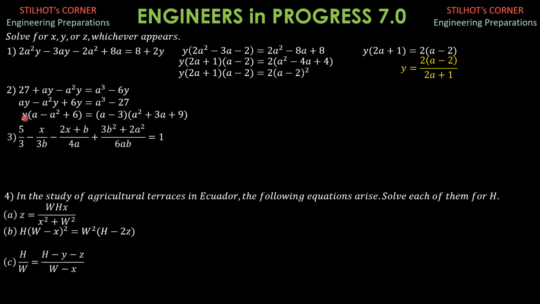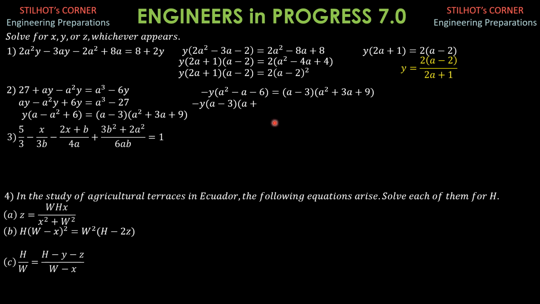We factor out negative 1. So negative y times a squared minus a minus 6 equals a minus 3 times quantity a squared plus 3a plus 9. Then we factor this into a minus 3 and a plus 2.